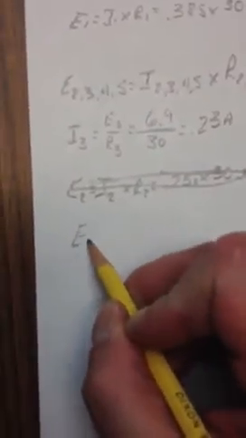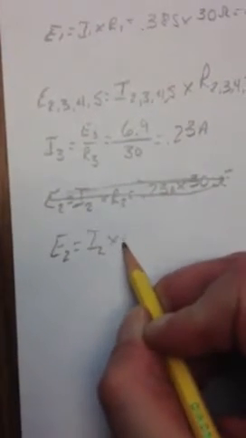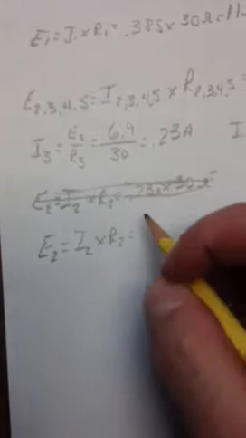So, where I've got this should be 0.15 amps right there. Okay, sorry about that. Now we're back on track. So, E2 is going to be equal to I2 times R2.